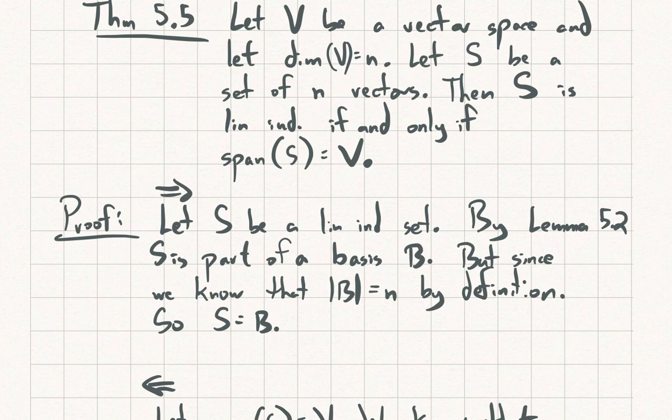So if we have n vectors of a dimension n vector space, the set is linearly independent if and only if it also spans. So we know if it's linearly independent, it also spans, and the reverse, if it spans, we know it's linearly independent.